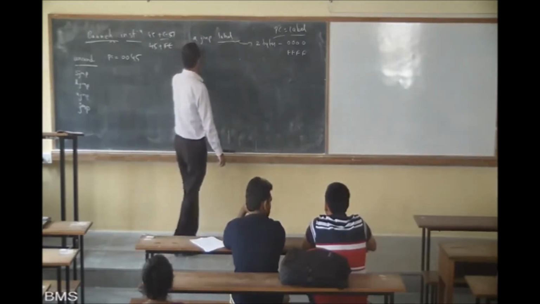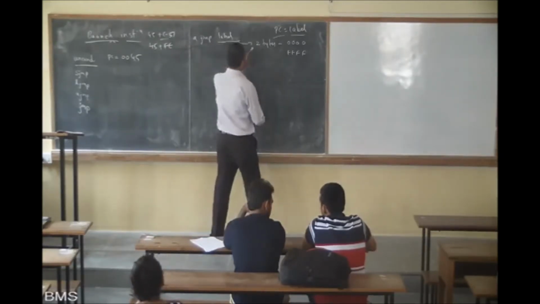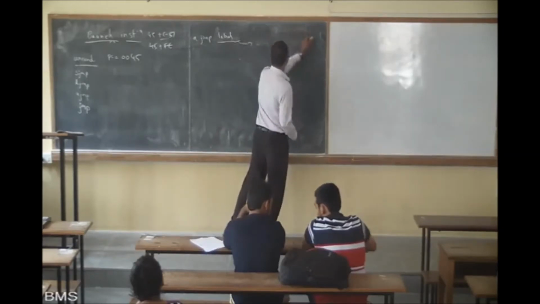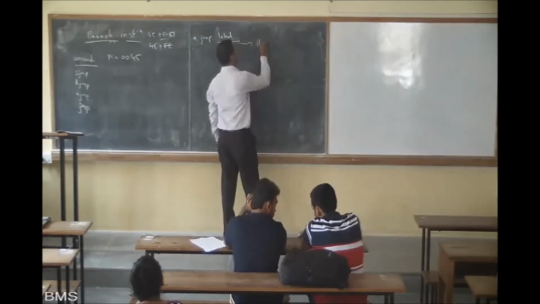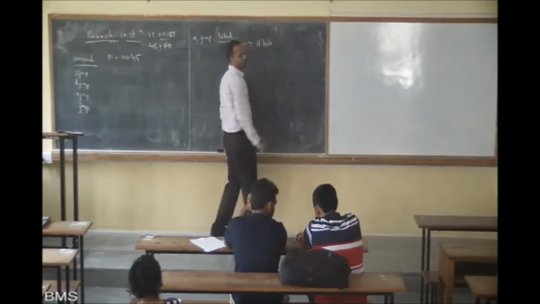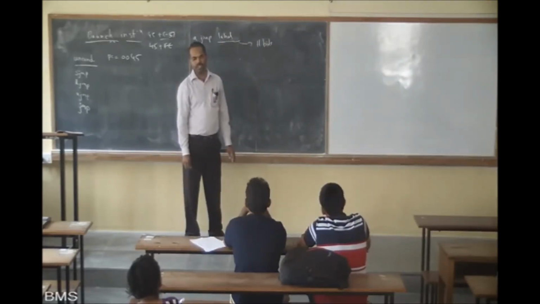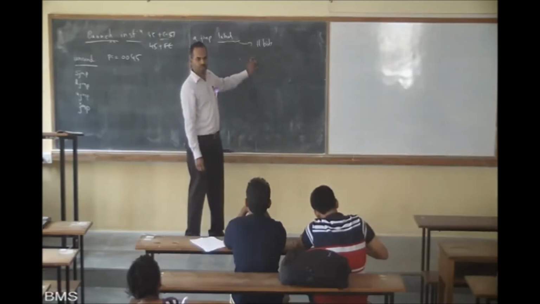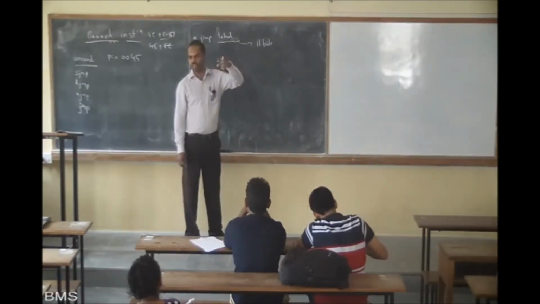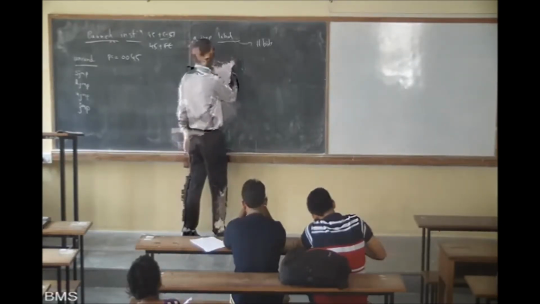Right. Now AJump. In AJump, the label is 11 bits. And this is also the same as the relative addressing mode: PC equal to PC plus label.